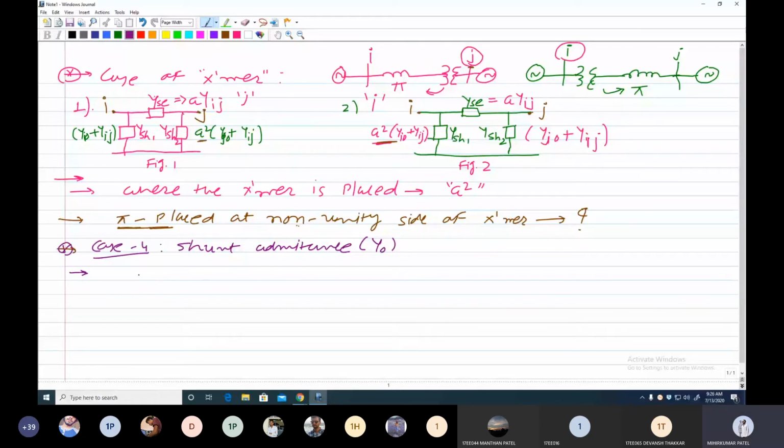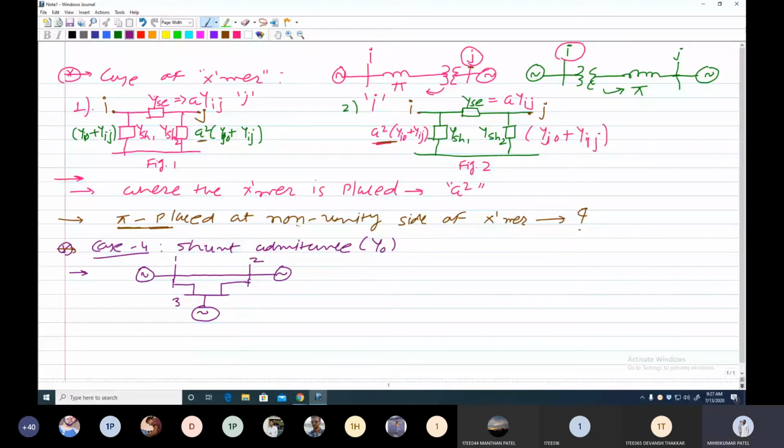For that, just consider a simple network. It is a 3-bus network, with buses number 1, 2, and 3. Clear?